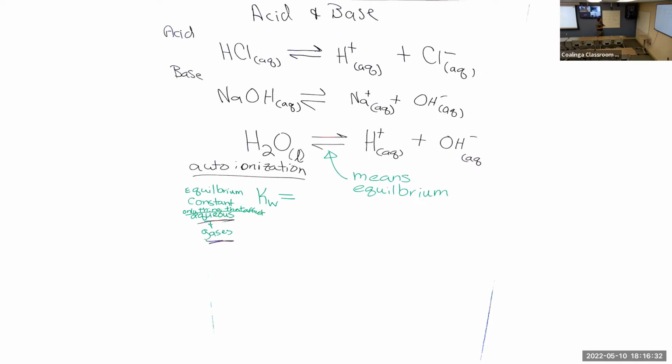The way that we would write the equilibrium constant, we say the equilibrium constant, Kw, is going to be equal to the concentration of both of our aqueous solutions. So it's going to be the concentration of H plus. The brackets mean concentration. Sorry, I ran out of room.